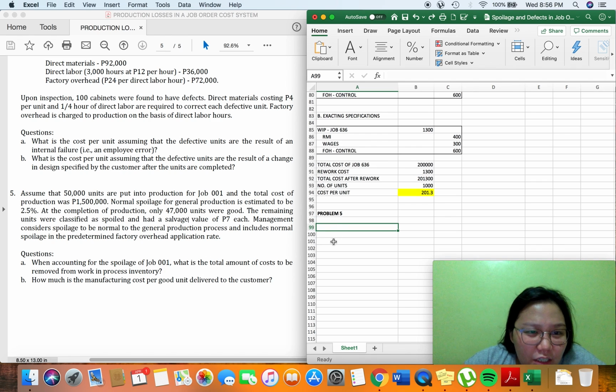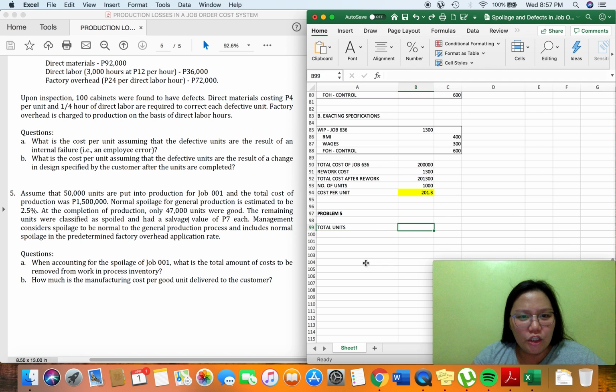So, let us prepare the journal entry. Okay? So, not the journal entry yet. Ang gagawin natin ngayon is to compute for the normal spoilage. We have to determine how many units is considered as normal spoilage and how many units are considered as abnormal spoilage. Okay? So, basically, yung total units natin put into production is equal to 50,000.